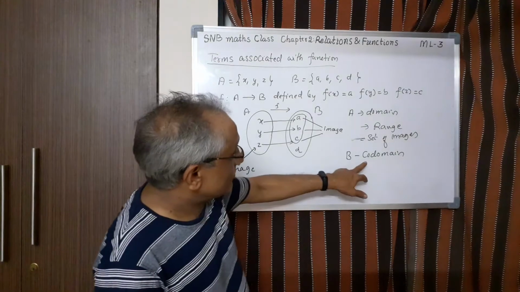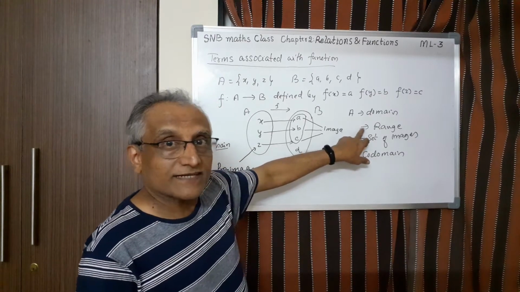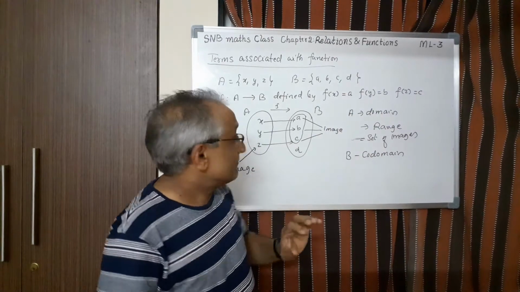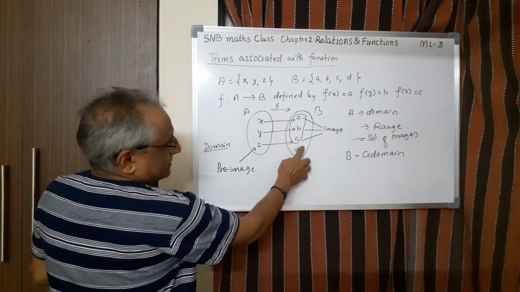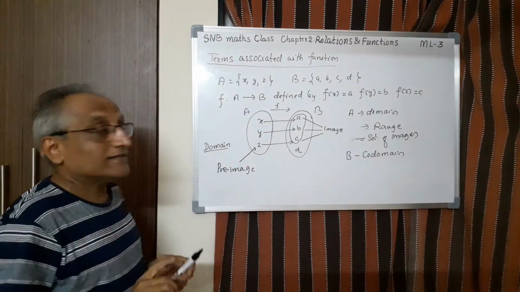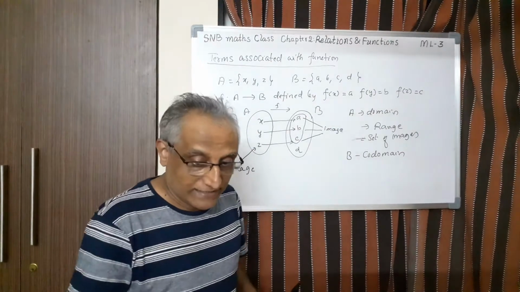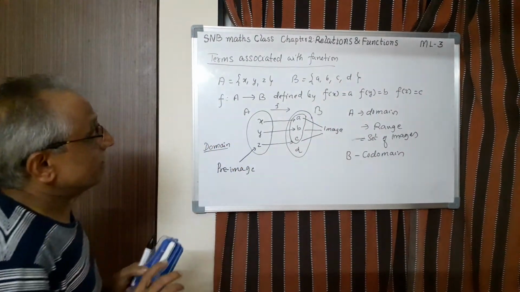And codomain is the superset and range is the subset, correct? Sometimes range becomes the codomain when all the elements here are images. That means every element has a pre-image. Then range and codomain become one and the same.